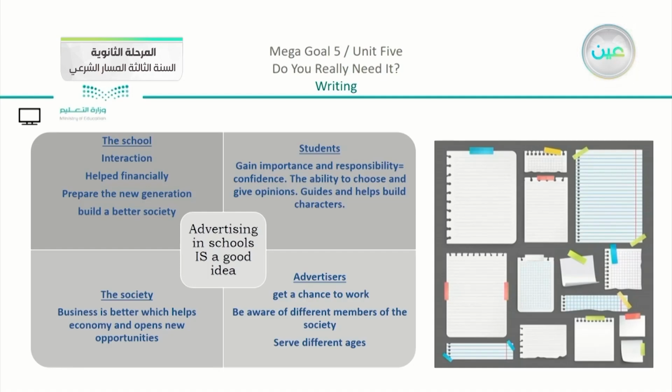The ability to choose and give opinions. Guides and helps build characters. The advertisers get a chance to work, and they are aware of different members of the society and serve different ages. So even though you are still writing your notes here and putting your graph together, you can also just take out any idea that you feel is suitable or unsuitable.